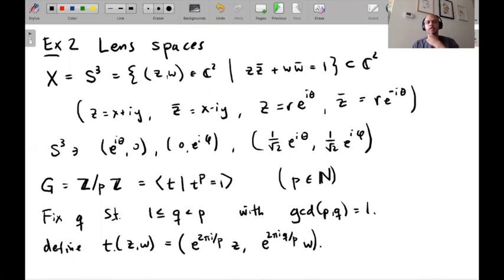Note that this sends the 3-sphere to itself, since this has norm 1, and when you write down the expression, it cancels.